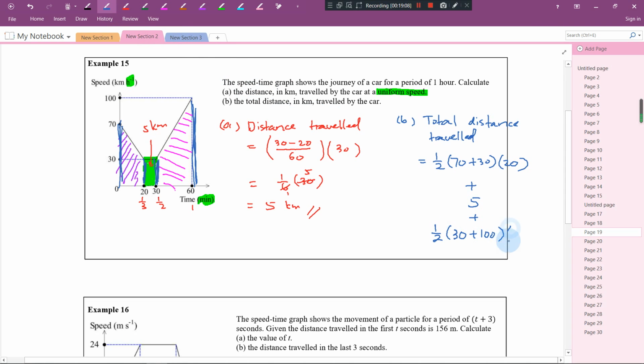I make some mistake here. This 20, I cannot take 20, right? So you remember what I told you just now. You have to make sure the unit is the same, right? So since this is minutes, what I need to do is I have to divide it by 60, change it become hours.